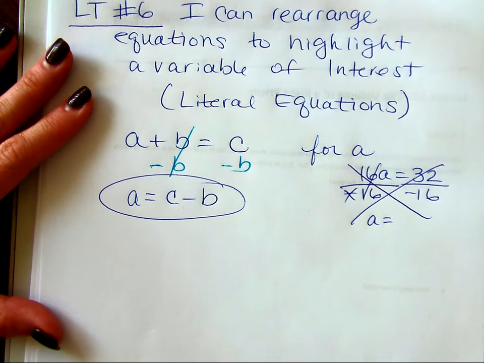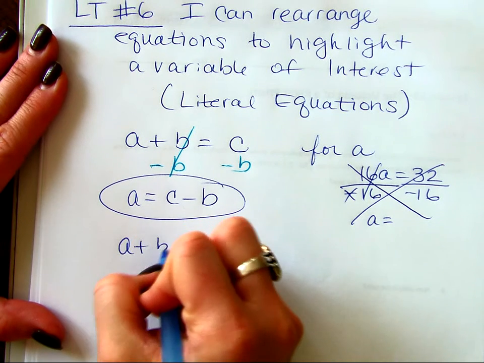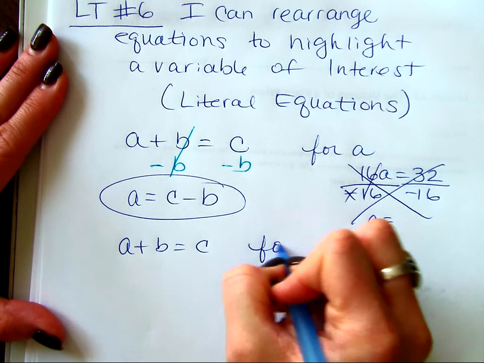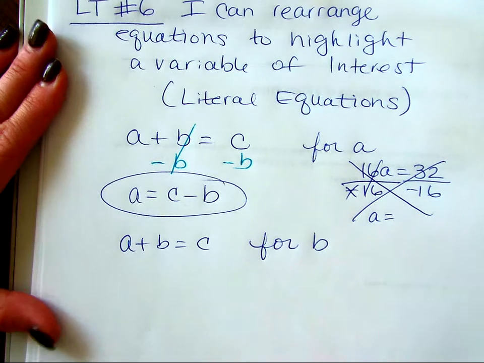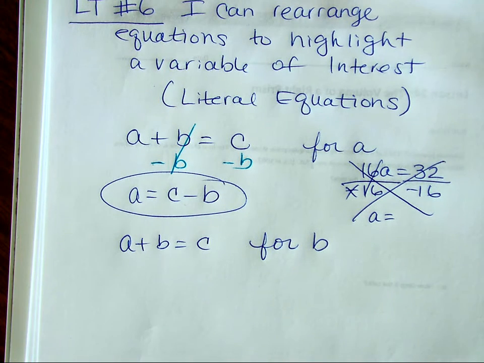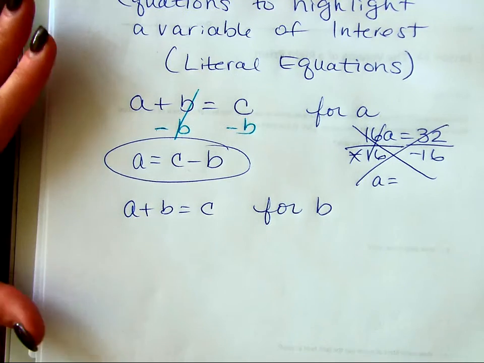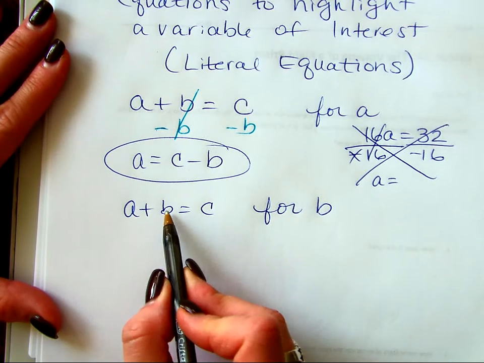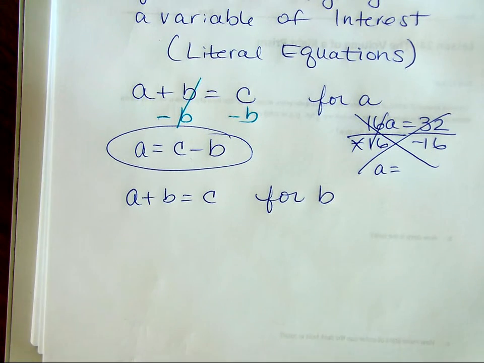What if I asked you to take A plus B equals C, except this time not solve it for A, but solve it for B? So I am literally just asking you if you understand what steps it takes. So this time I want B by itself, which means A is in the way. And now I want to cancel A out.